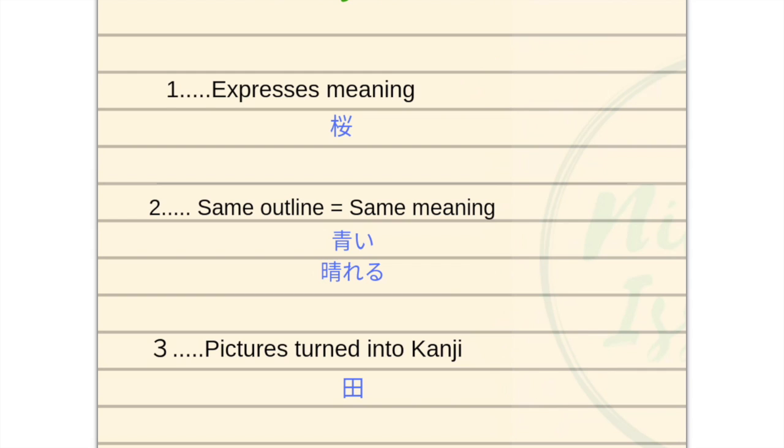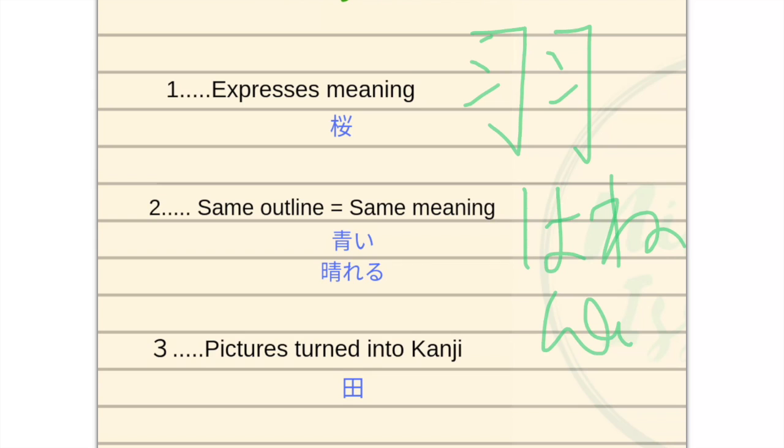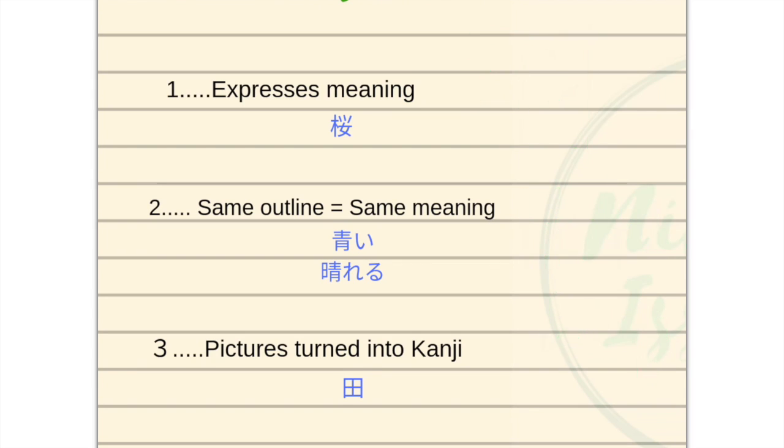The second kanji that we can remember is this. This is called hane. Hane means wings, wings of a bird. Birds usually have two wings, and when we draw a bird, we usually draw two wings.